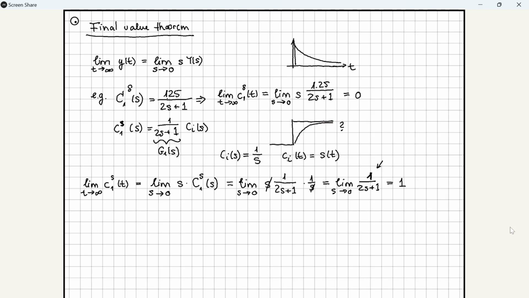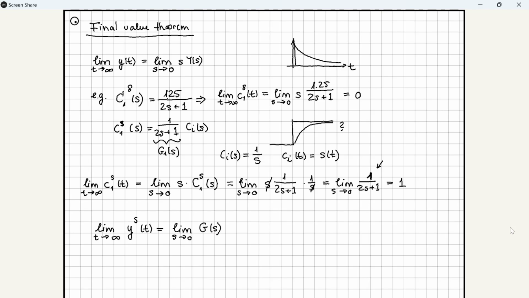And in fact, we can write something else. We can say the limit of t goes to infinity of y for a step input of t is equal to the limit of s goes to 0 of g of s.